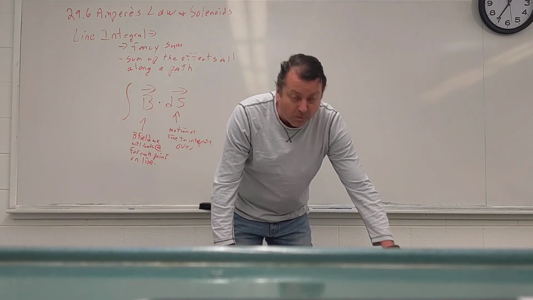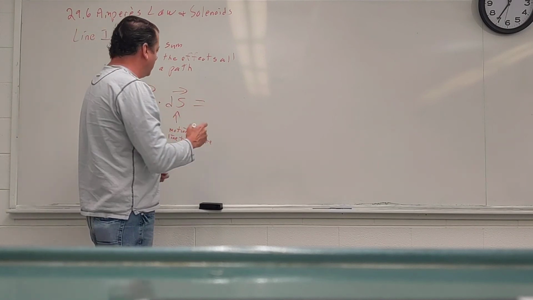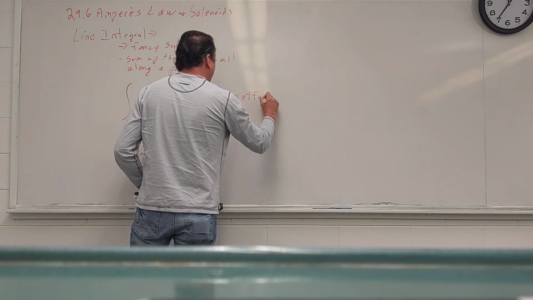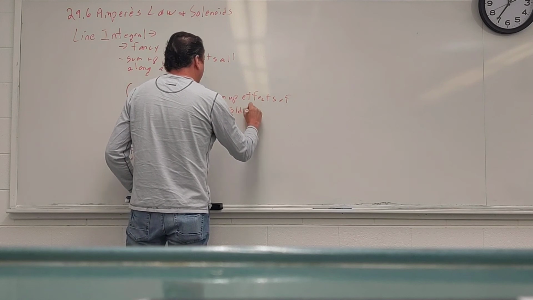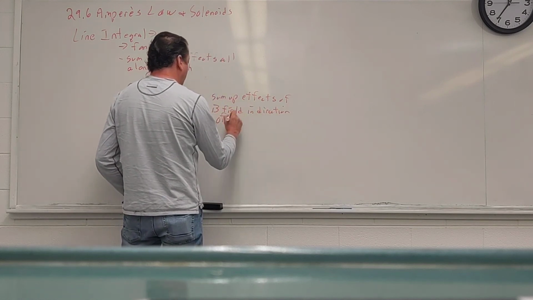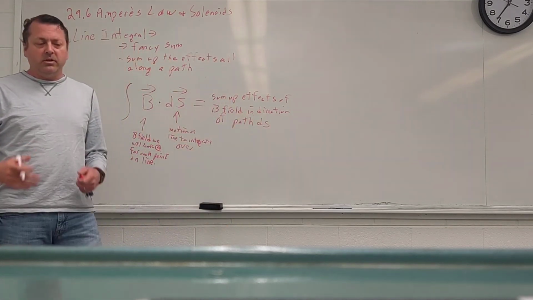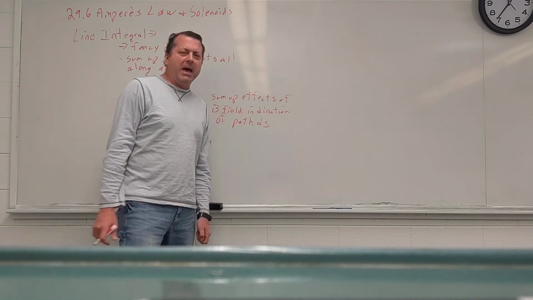So when you do this integral, you sum up the effects of the B field in the direction of the path ds. So you're going to see at each point what this B field, its path did.